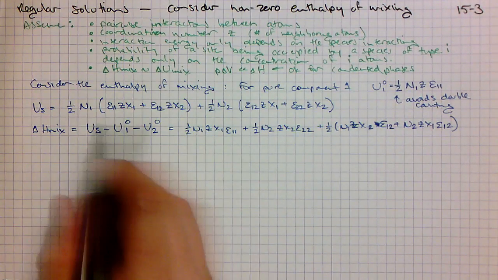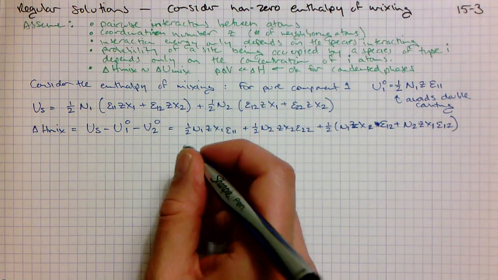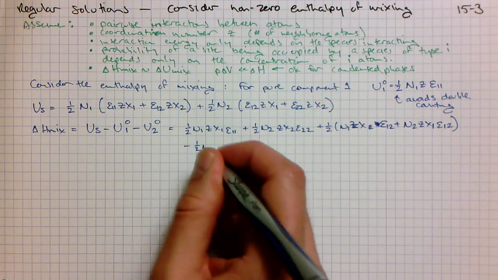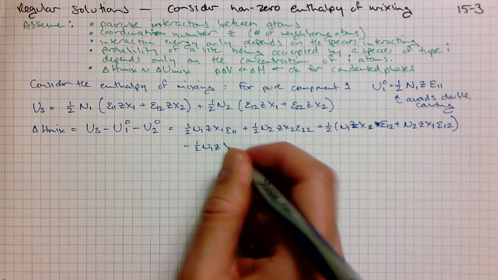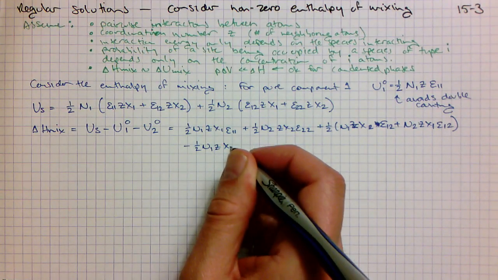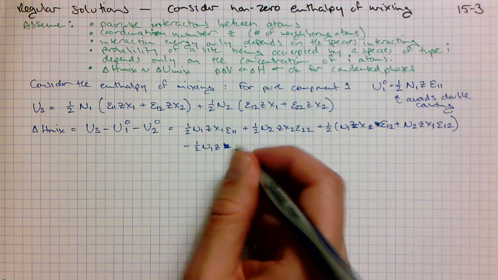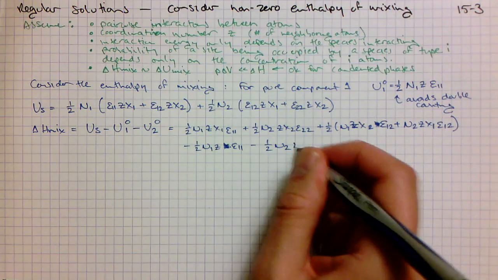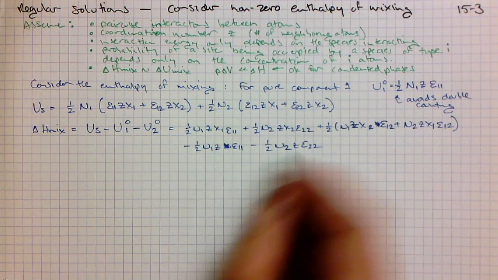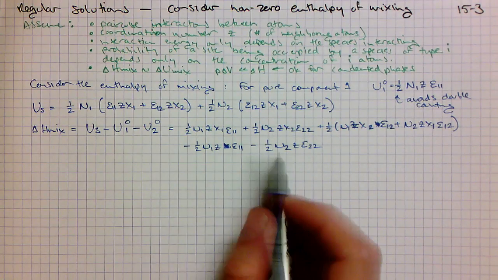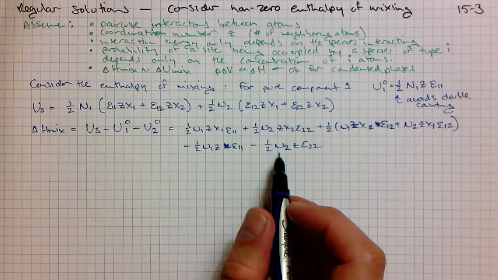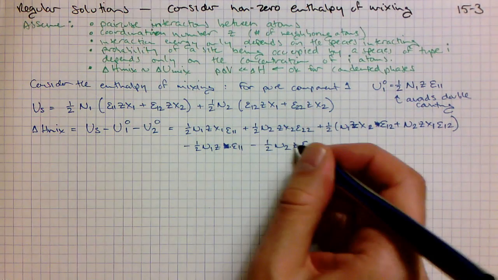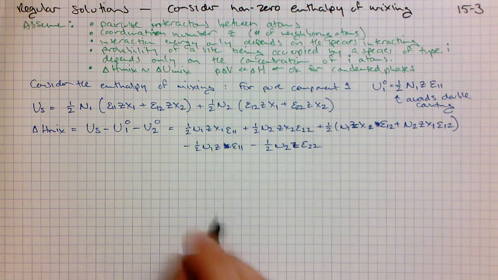Okay, so that's from our solution, and then we have to subtract from that 1/2 N1 Z epsilon 1,1 minus 1/2 N2 Z epsilon 2,2. So minus the contributions we would get if the N1 and N2 atoms were completely separated from each other.